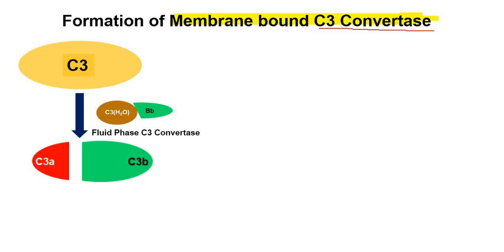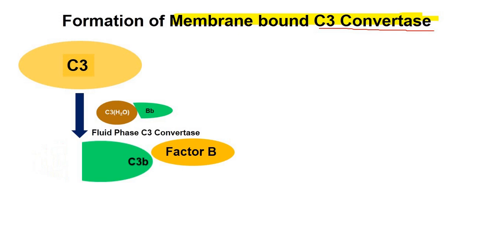To summarize, C3 under the influence of fluid phase C3 convertase gets broken down into a smaller C3a fragment and a larger C3b fragment. We repeat the steps once again with a new perspective. C3a, being the smaller fragment, diffuses away, and then factor B gets a chance to bind with C3b.